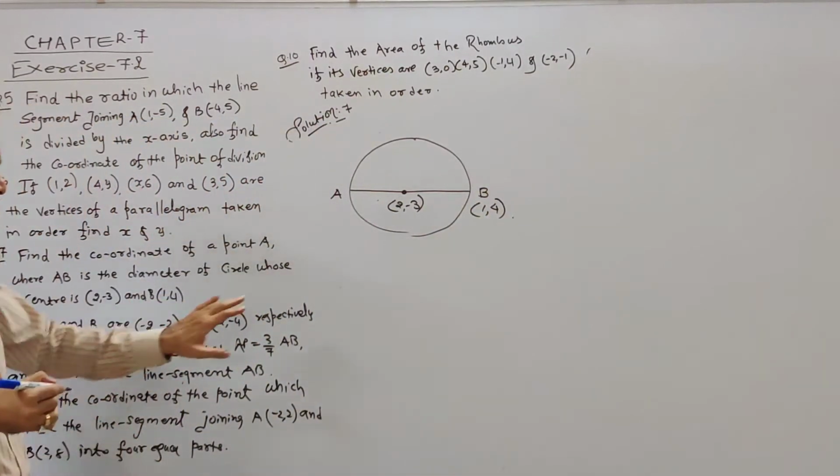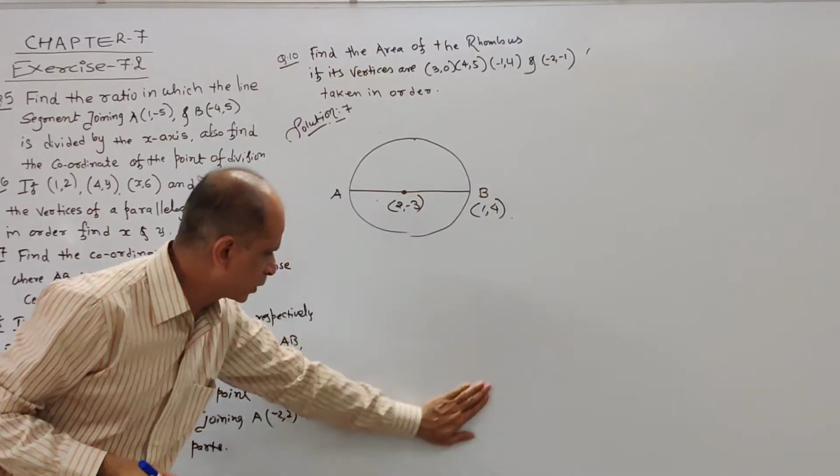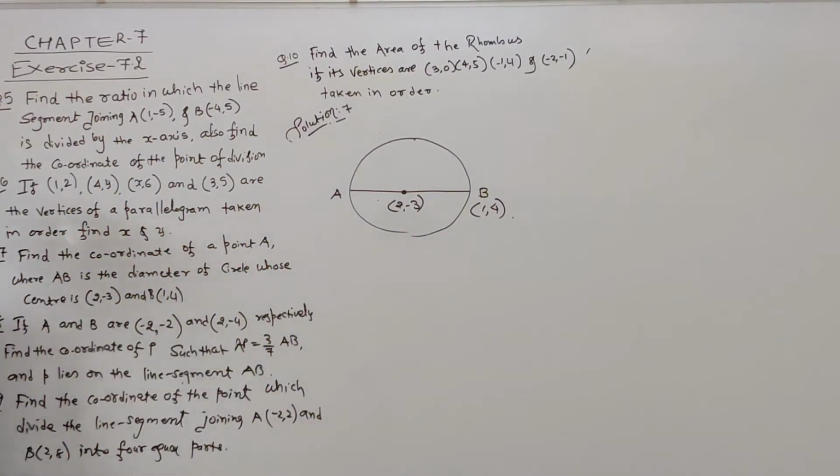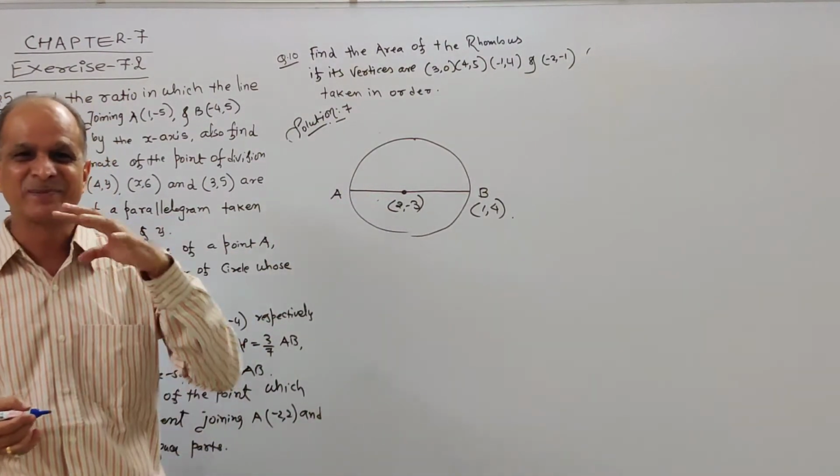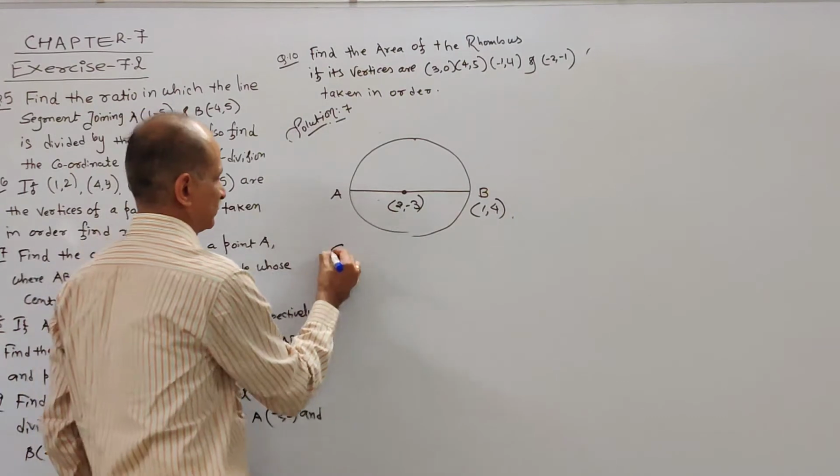Very simple example. You know the third concept of this chapter, and that is the midpoint formula. The center of a circle is the midpoint of a diameter.